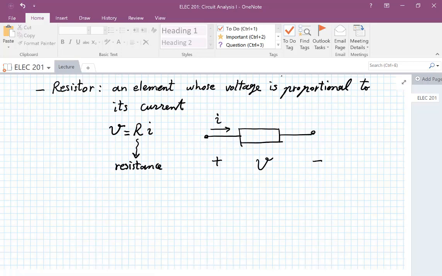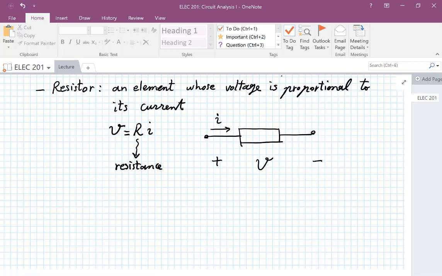This is not a complicated point, but it's something about the human brain that we encounter great difficulty in accepting, that if I've drawn an arrow like this, the current might be going the other way. Can someone shed light on what I mean? Why is it that I say if I've drawn it like this, it does not necessarily mean that the current is going from left to right? Yes? It could come up negative.